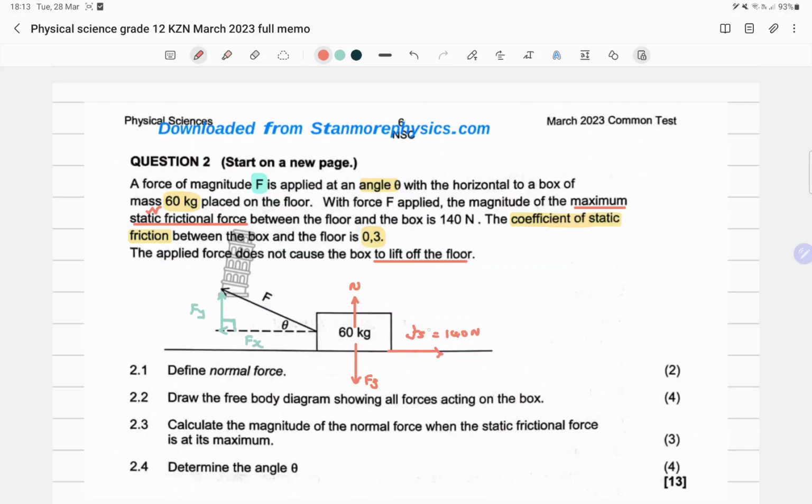So it would either move left or right, but again, we were told that we're dealing with the maximum frictional force here while this force is being applied. So this means this box is at rest. If it is at rest, it means all these forces are balanced, and that means the system is in equilibrium.